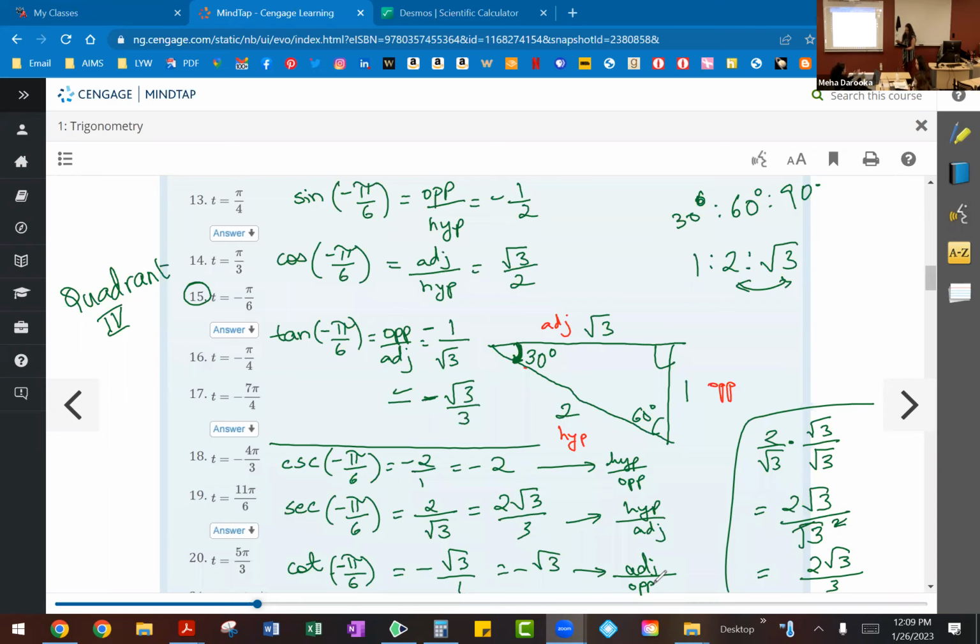Let me see if I can use something that is on the unit circle that you guys can work with. Yeah, you should be able to do that. So let's have you guys do number 18. T equals negative 4 pi over 3.